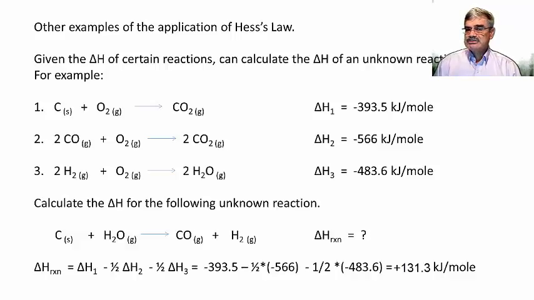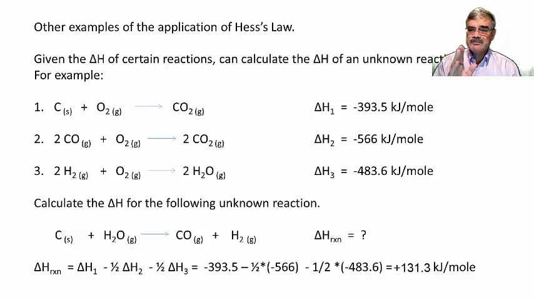And the enthalpy changes are then additive in that way. That is a property of enthalpy changes, a consequence of enthalpy changes being what are called functions of state, which we will explain in the next slide. So, backing up, the unknown reaction is reaction 1 minus 1/2 reaction 2 minus 1/2 of reaction 3, and so we can calculate the enthalpy change in the same way.